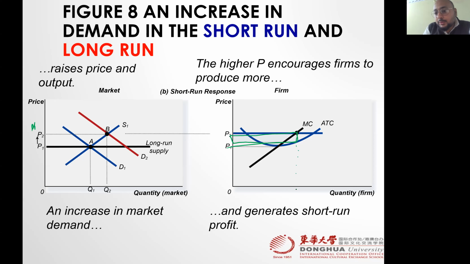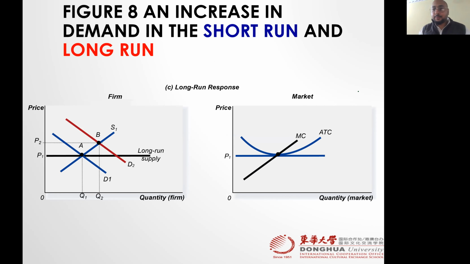They need to produce here. The production cost is the ATC, and the price. The shaded area here is the profit. When price is greater than average total cost, this triggers the entry condition.